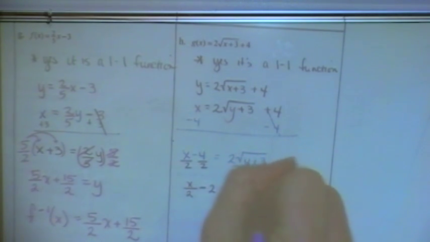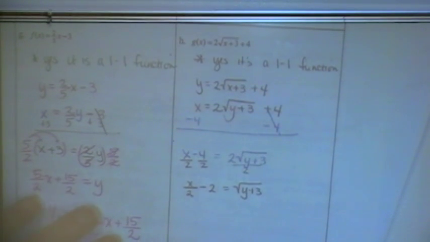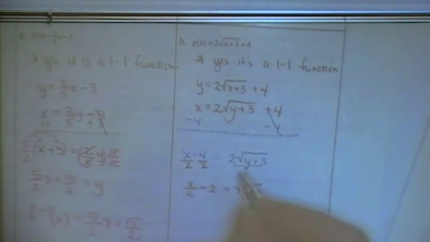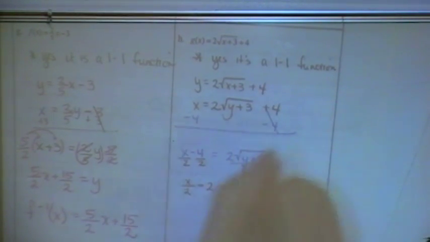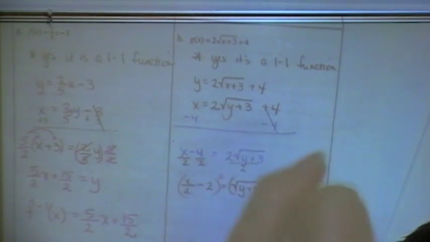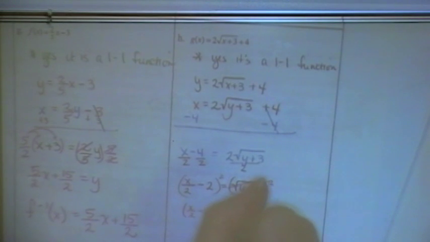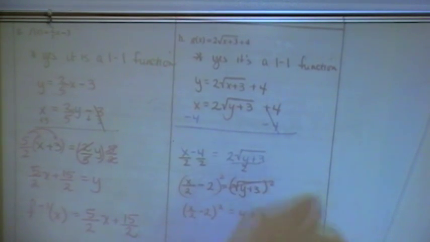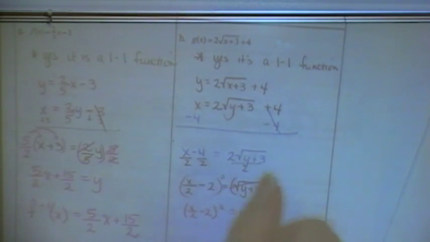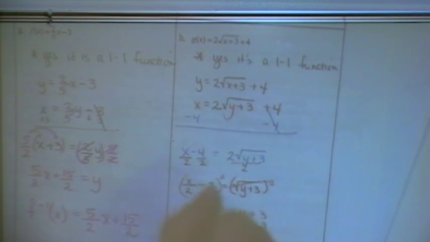All right, now what? You have to square it, in order to cancel the radical. Now, last thing is to subtract 3.